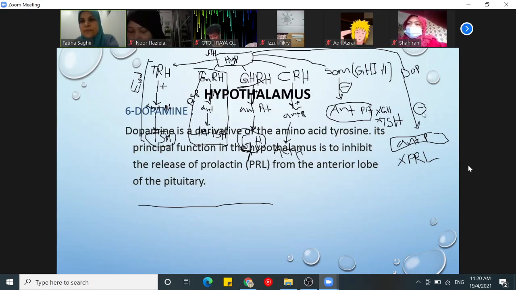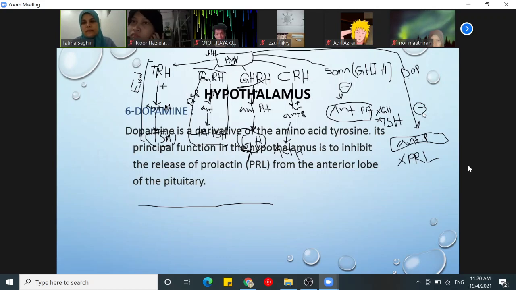Somatostatin also inhibitory. The other four stimulatory. Okay, stimulating hormones. So we have four hormones from hypothalamus, stimulating hormones. We have two hormones, inhibitory hormones.